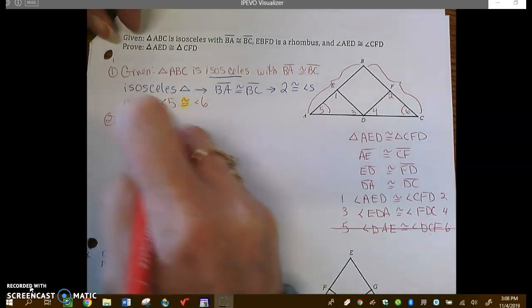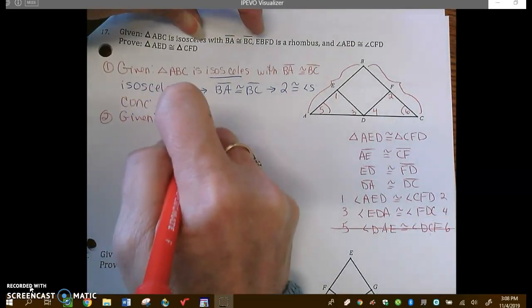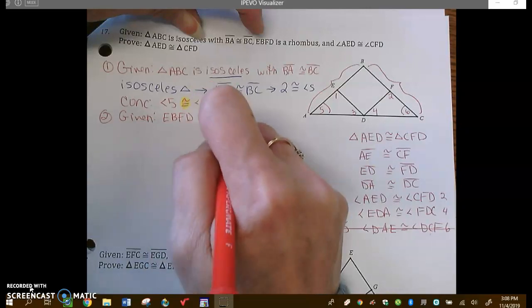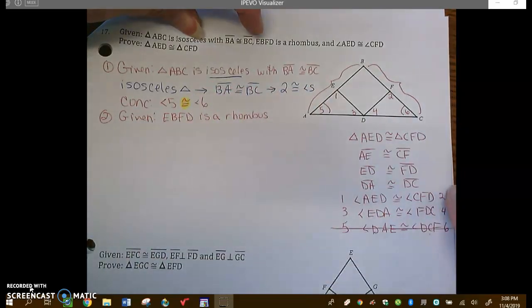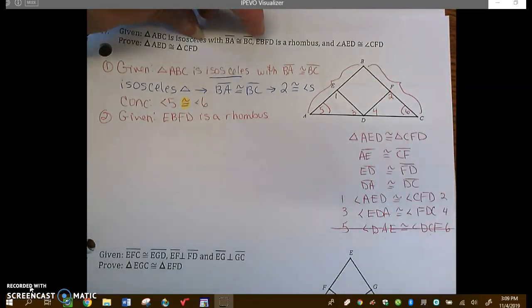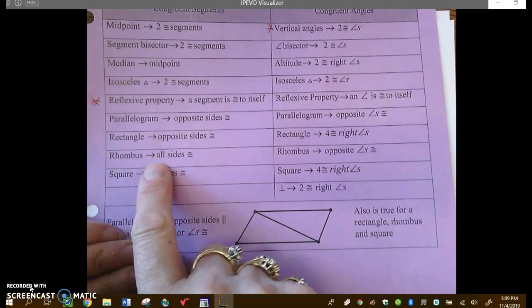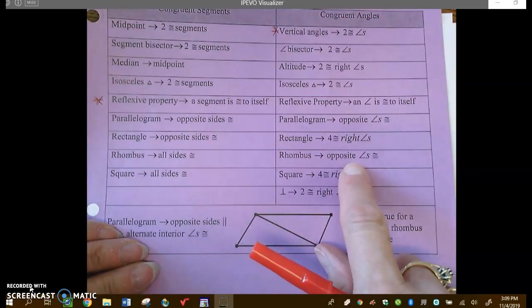Number 2, I'm going back to given. There are more givens. So we are told EBDF is a rhombus. All right, so let me look at this for a minute, because for a rhombus, I can make different conclusions. I could say all sides are congruent, or I can get opposite angles congruent.